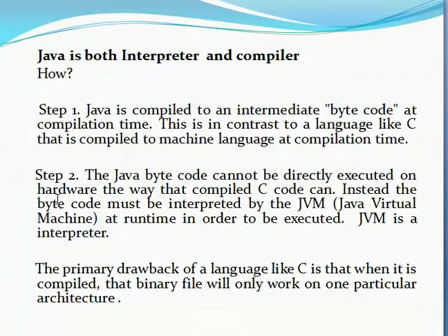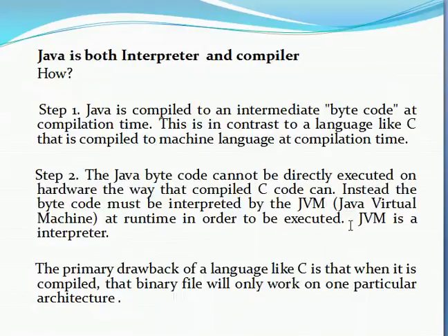In the next step 2, the Java bytecode cannot be directly executed on hardware the way that compiled C code can. In C language, after the compilation, we directly execute it. But in Java, we can't execute the program directly, so we need the JVM, Java Virtual Machine.